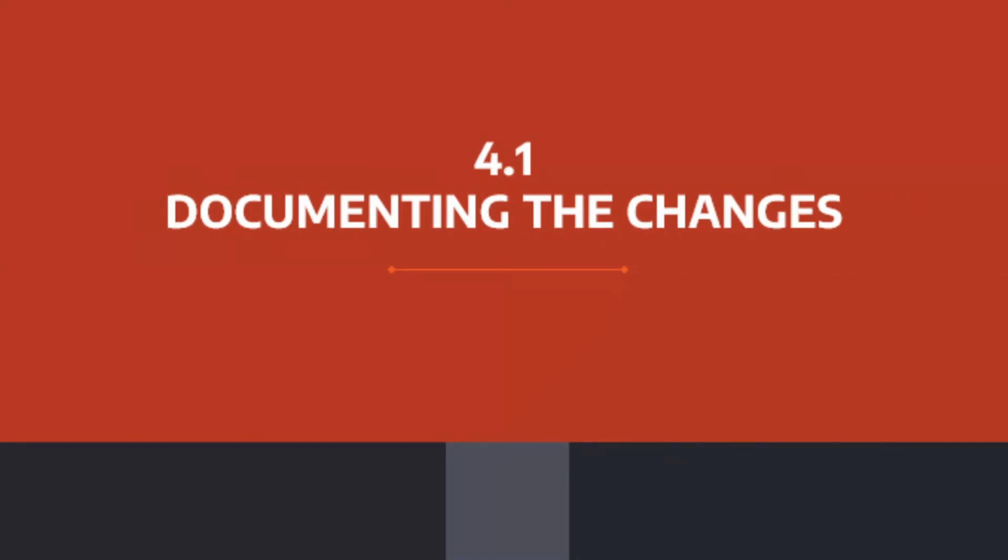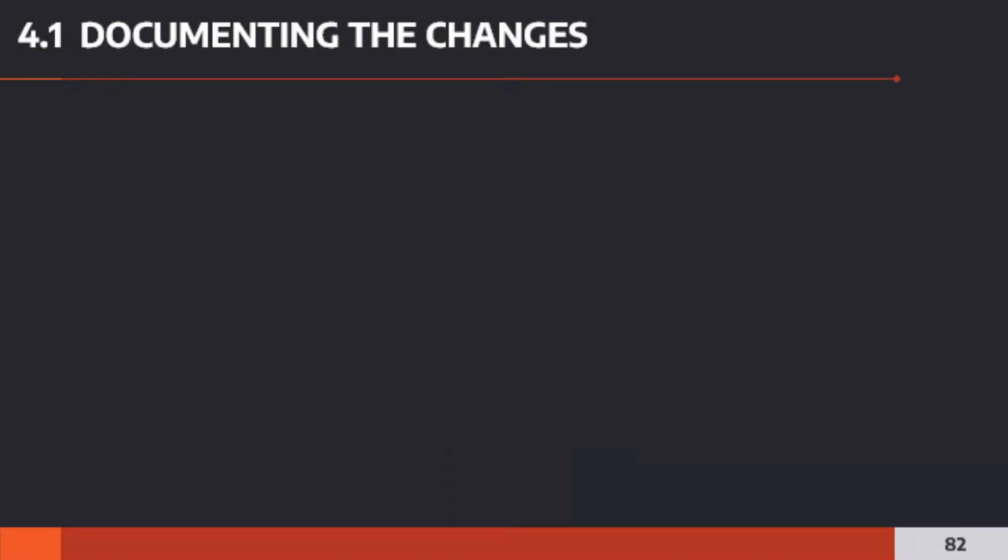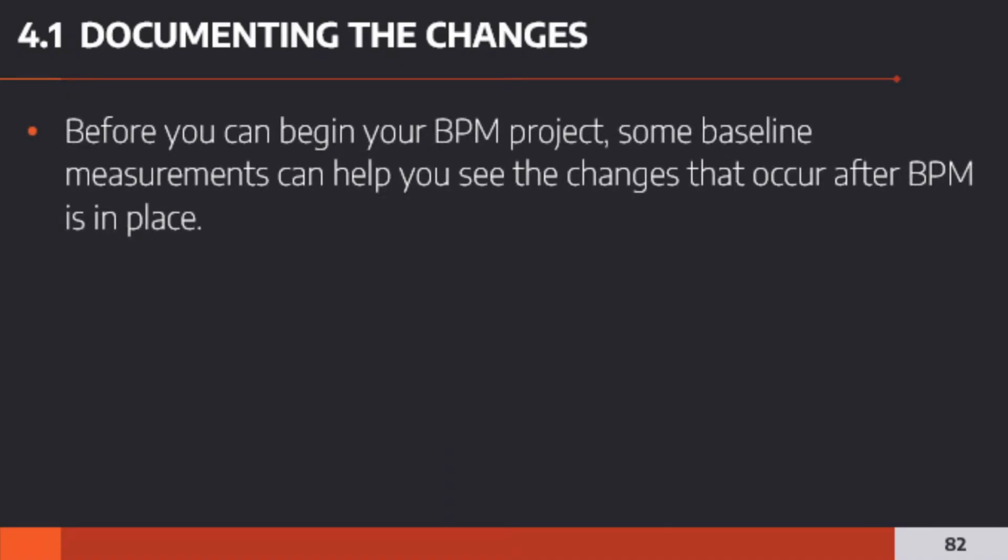So when you're documenting changes, what do you need to do? Well, before you can begin your BPM project, some baseline measurements can help you see the changes that occur after the BPM is in place. So now you have this BPM baseline.